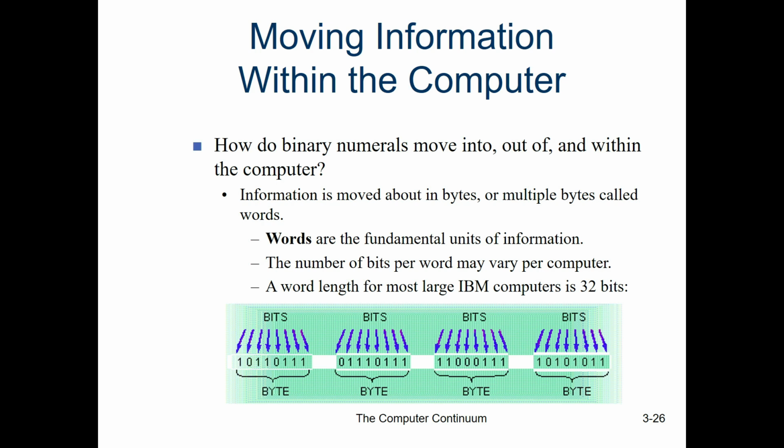The word length for most large computers is mostly 4 bytes. Okay, keep that in mind. A word is mostly counted as 4 bytes. So whenever information is transferred inside a computer, it's mostly transferred in the form of words.